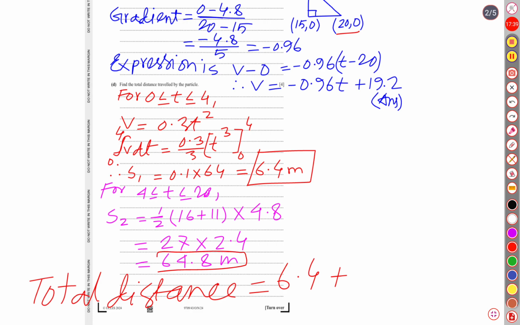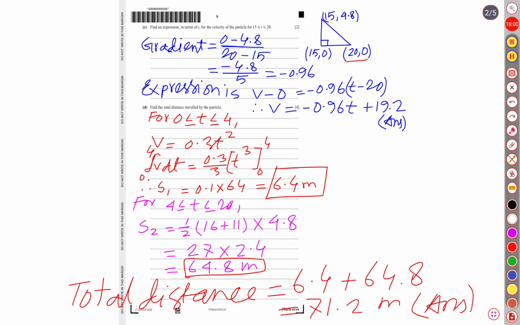If we add up, 64 plus 6 is 70, 70 plus 1.2, so 71.2 meters is the total distance traveled by the particle from the beginning till it comes to rest again.